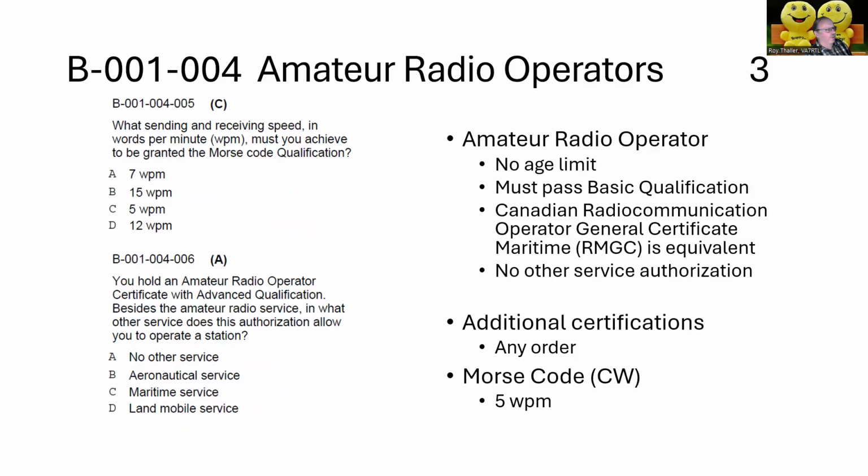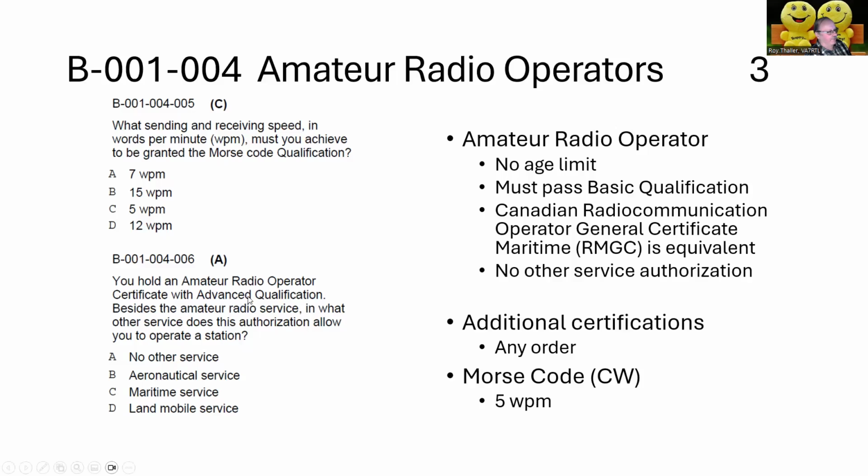So then there's another question here. What is the words per minute that you need for the Morse code qualification? And that is 5 words per minute. And then the other one is, if you hold an amateur radio certificate with advanced qualification, besides the amateur radio service, in what other service does the qualification allow you to operate a station? And the answer here is no other service.